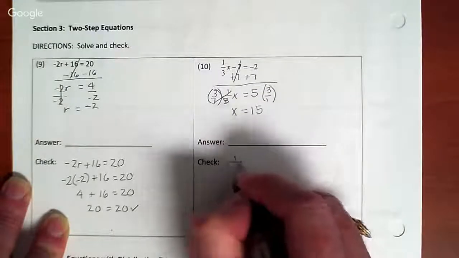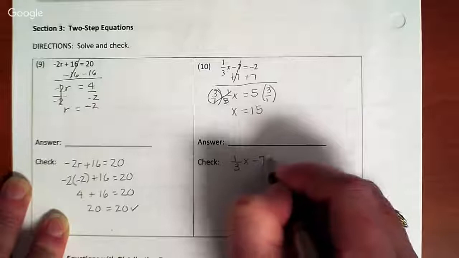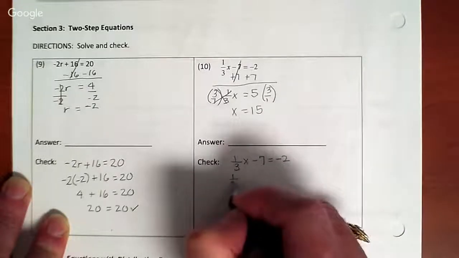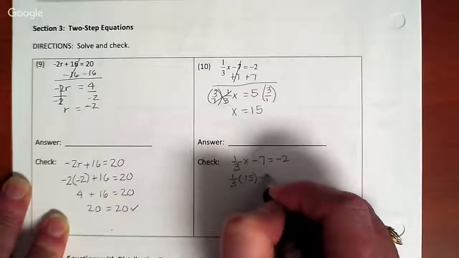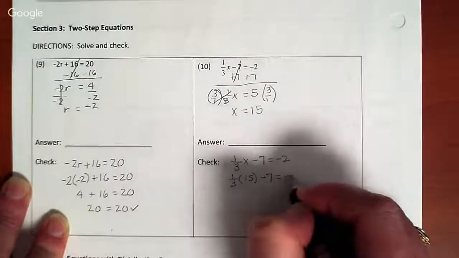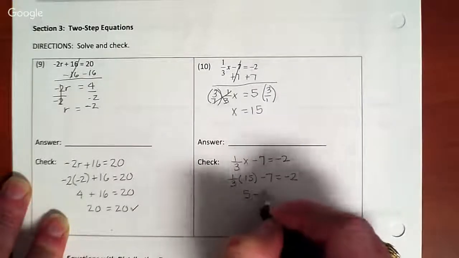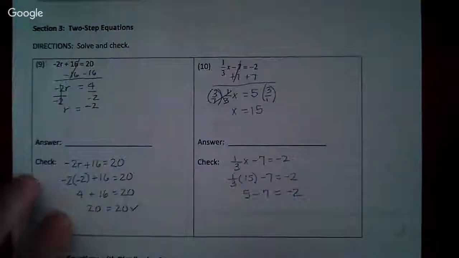So to check it, I have 1/3 x minus 7 equals negative 2. So 1/3 times 15 minus 7 equals negative 2. So here I have 5 minus 7 equals negative 2.